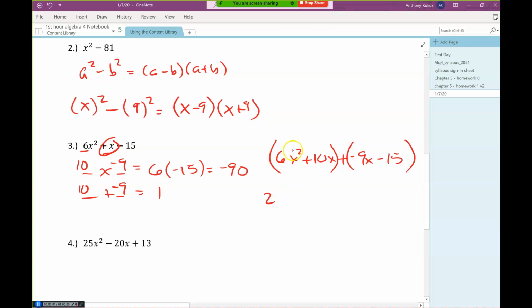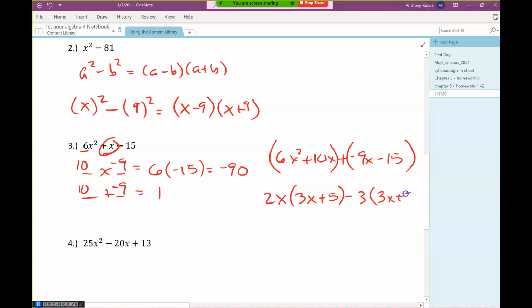And the variable that goes into both x and x squared is x. So when I factor that 2x out, I have 3x plus 5. In the second group, the greatest common factor between -9 and -15 is -3. And then if I look at x and no x, well, there's no common factor there, so I just take -3.